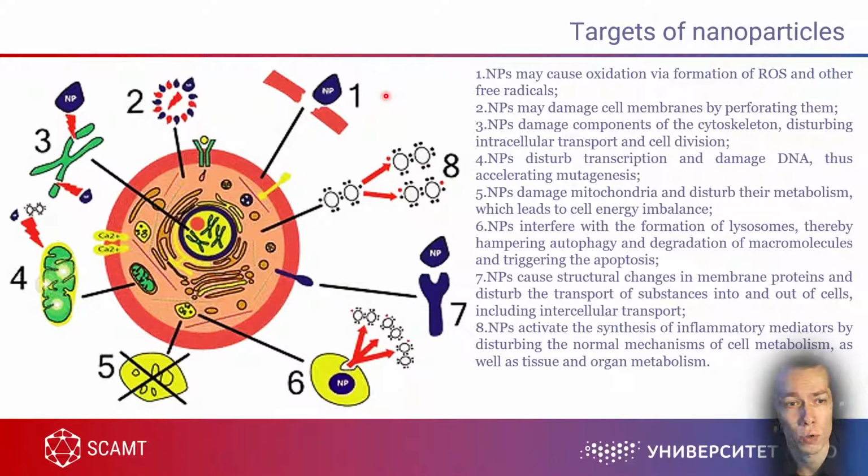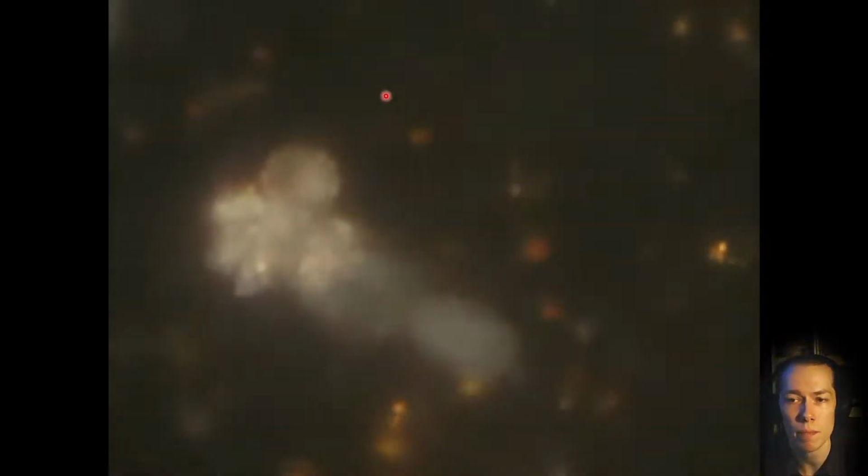So I will show you just a bit of an example, a very nice video which was recorded many years ago about gold nanoparticles inside a living macrophage. As you know, macrophages, like Kupffer cells, can take up nanoparticles from the bloodstream. And how does this look? It looks something like this.